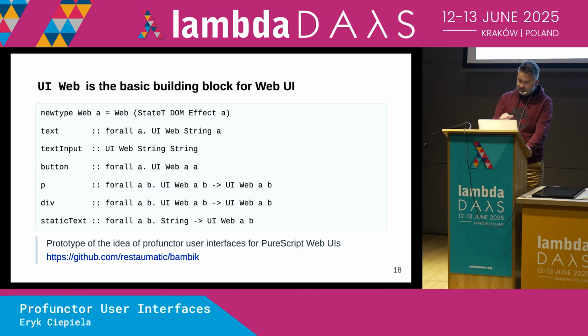And then we have text input, which is a web UI that takes a string and returns a string provided by the user. The button, for example, is a web UI which takes an A of arbitrary type A, waits for a click, and once it's clicked, it gives back the value of type A. And the same applies for other elements of HTML documents.